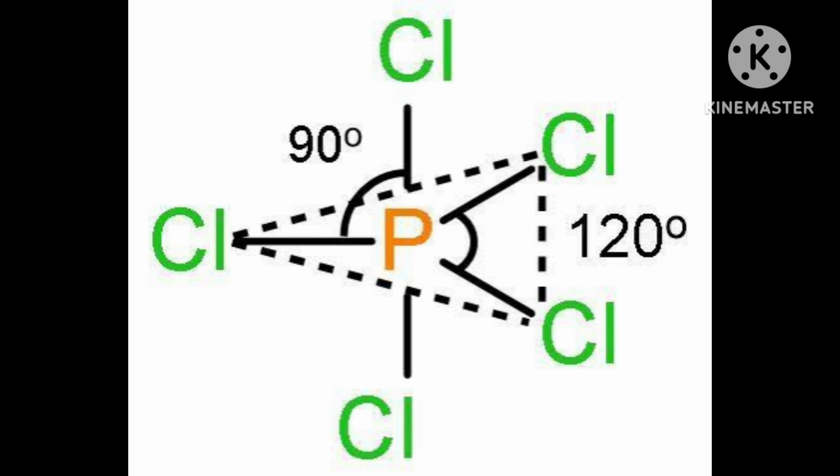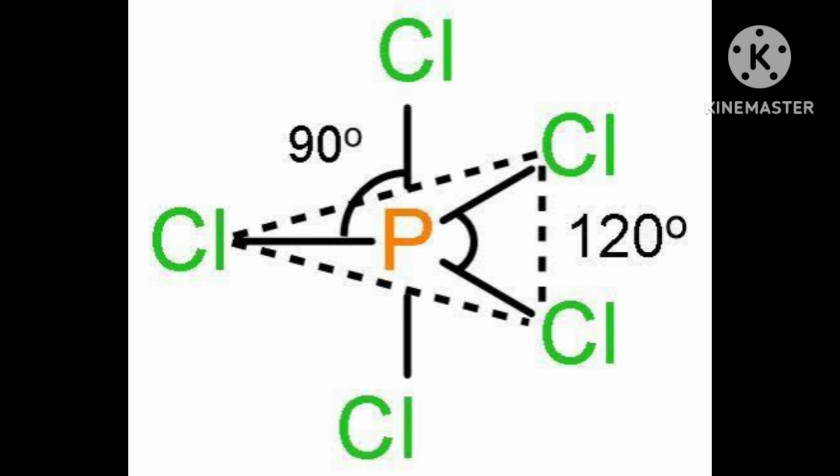P is attached with 2 chlorine atoms in a straight way. Then the P and Cl bond length is 240 picometer, and when they make a triangle form, the P and Cl bond is 202 picometer.